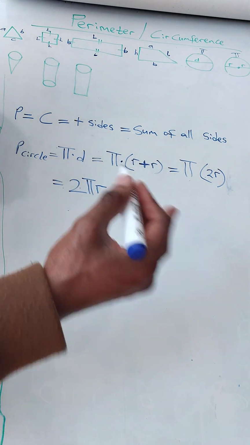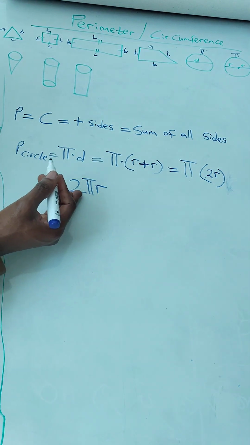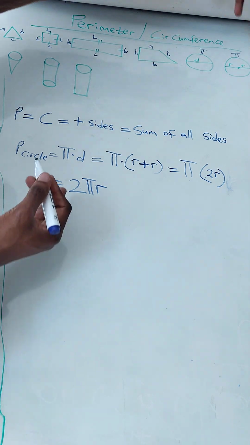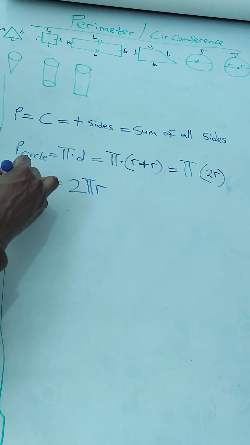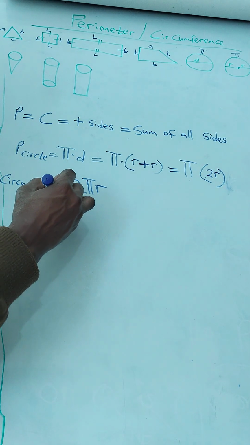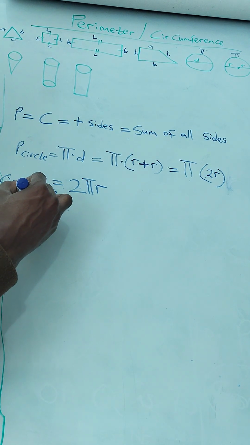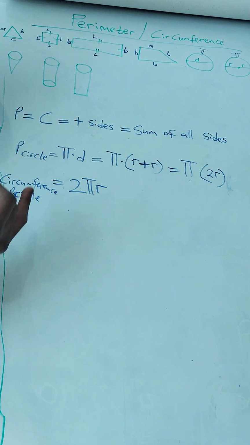Is it square? Is it 2? Where will I put the 2? How did they get the 2? This 2 comes from the fact that we are using r, and it is 2r. That is why we have 2 pi r as the circumference of a circle. Circumference is still the same thing as the perimeter of a circle. Perimeter and circumference of a circle are the same thing.